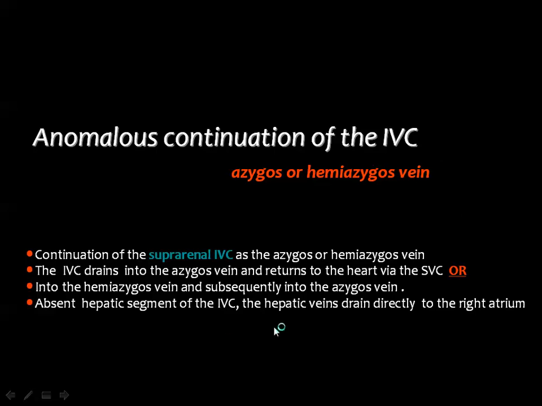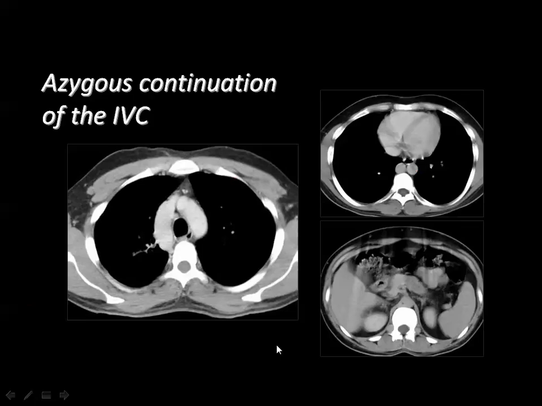Sometimes the azygous vein acts as a continuation to the inferior vena cava, especially if it is interrupted, usually in the region of the liver. Then, if you look carefully here, you can see the aorta, but you cannot see the IVC. And in the cephalic sections, you see the aorta and the big vein, which is adjacent to the aorta in the retrocrural area, and this is the azygous vein.